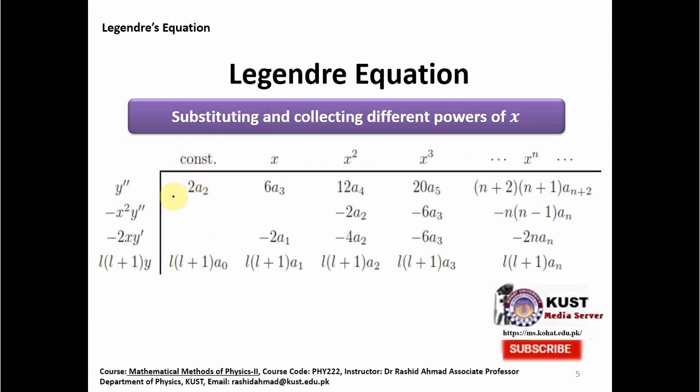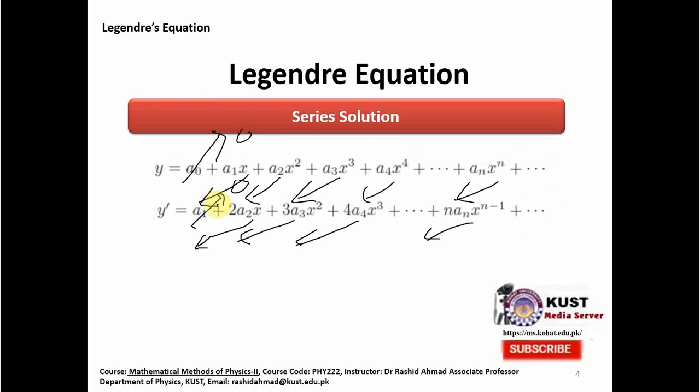If you look at the first entry over here in this table, then we have 2a2. So if you go back, how do we get this 2a2? If you go back over here, you see that in y double prime, this first term over here is 2a2, which is a constant term. By constant we mean that no x is involved.